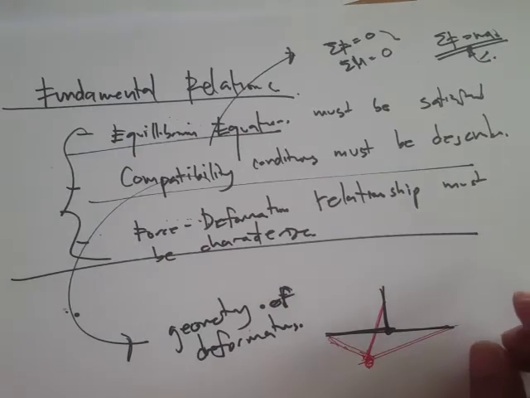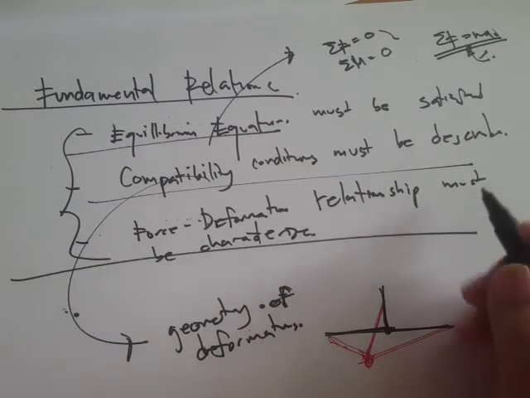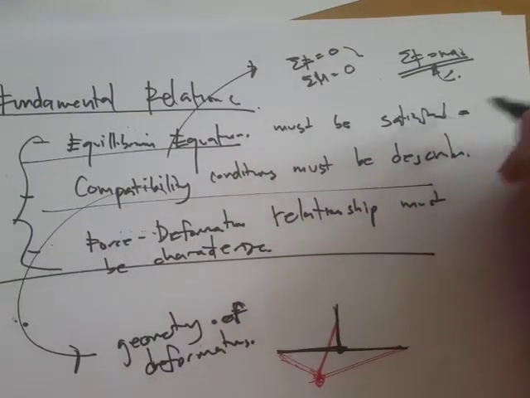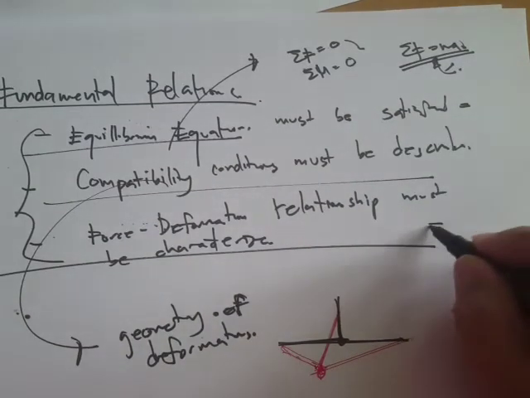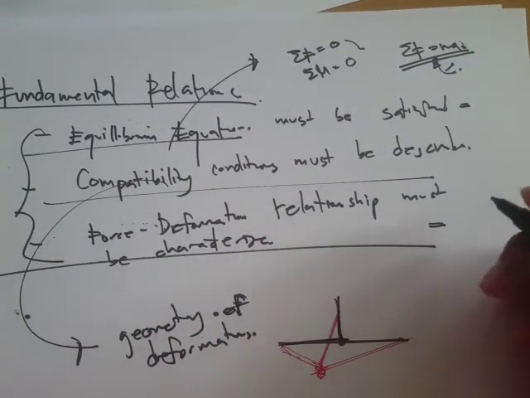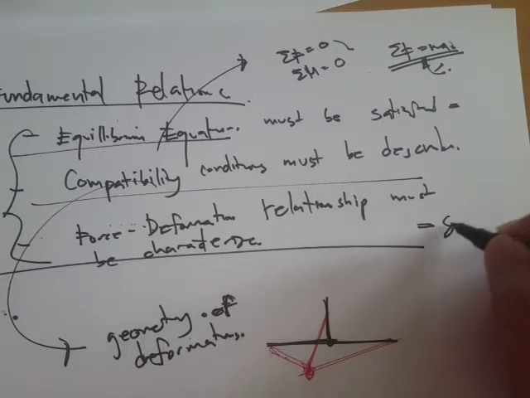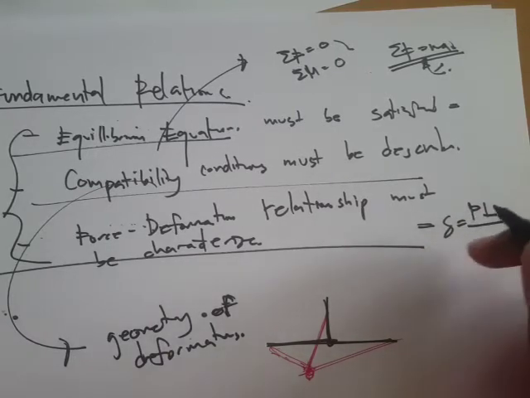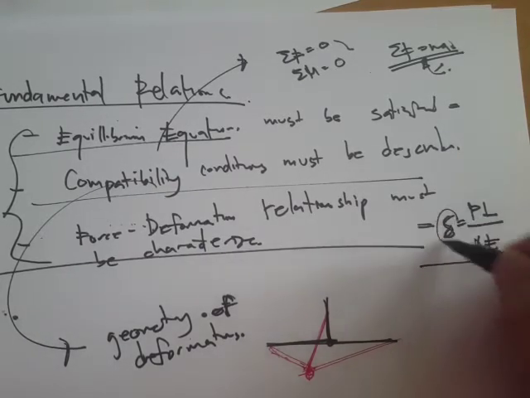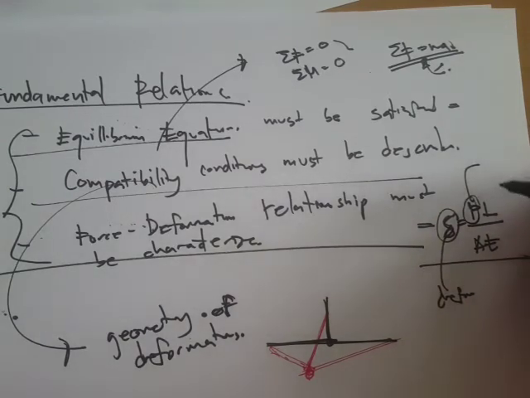And then the force deformation relationship. From the actual equations, the uniaxial deflection is equal to PL over AE. So this is the deformation, and this is the internal force.